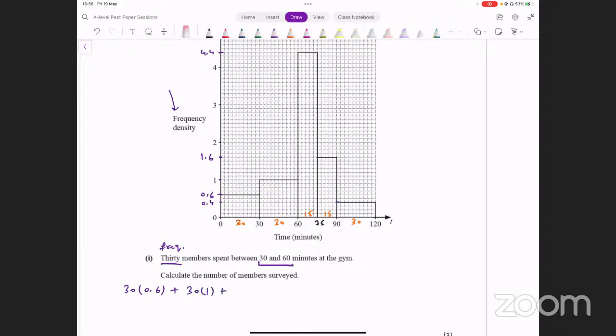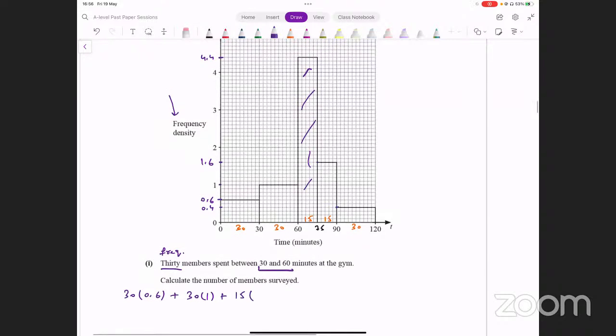Third rectangle, this one, 15 multiplied by 4.4 plus the next one, again 15 multiplied by 1.6. And then finally we have this last one, that's 30 multiplied by 0.4.